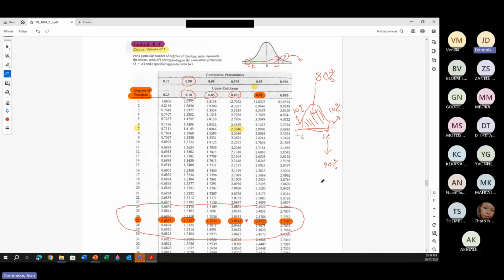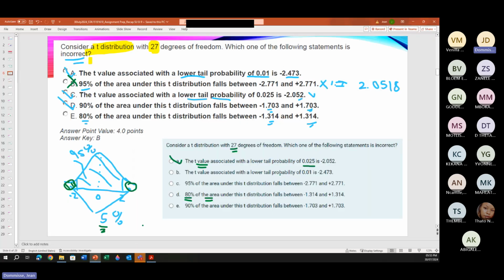That will give me a value of 1.3137. So on the upper end, I will have a positive 1.3137, and at the negative will be negative 1.3137. Okay, so that is correct.